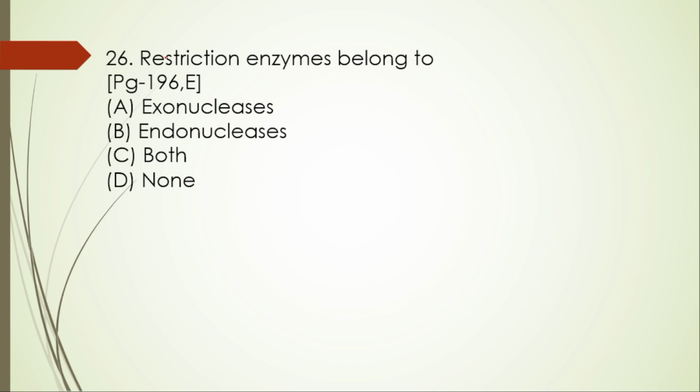Next, 26. Restriction enzyme belongs to exonuclease, endonuclease, both, or none. So here it belongs to endonuclease, that is option B is right. What actually are endonuclease and exonuclease? Endonucleases cut the DNA at specific points within the DNA molecule, whereas exonucleases remove nucleotides one at a time from the ends of the DNA strands, either the 5' end or the 3' end.